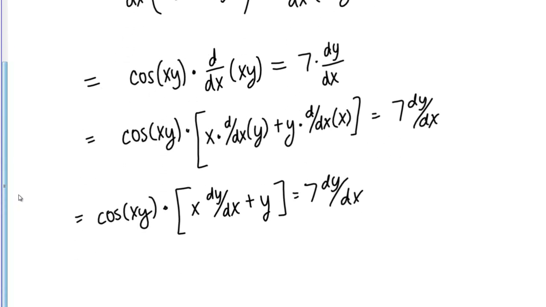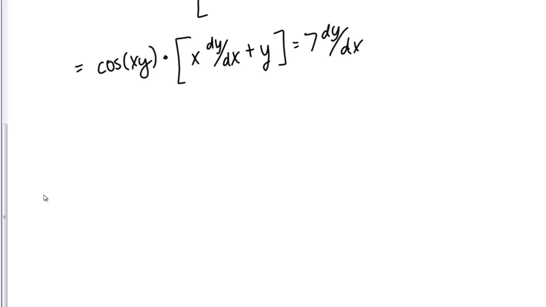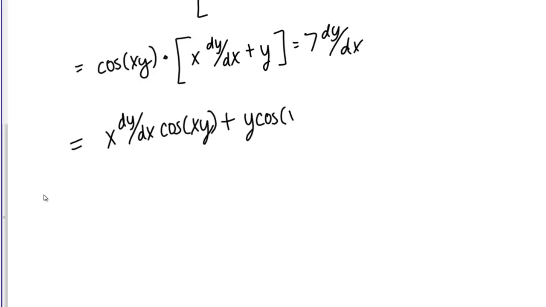Okay, so we're making some progress here. We finished actually taking the derivative of everything. But let me, on the left-hand side here, multiply this product out. You could arrange this any way you want, really, but I'll write it as x dy/dx cosine xy plus y cosine xy.